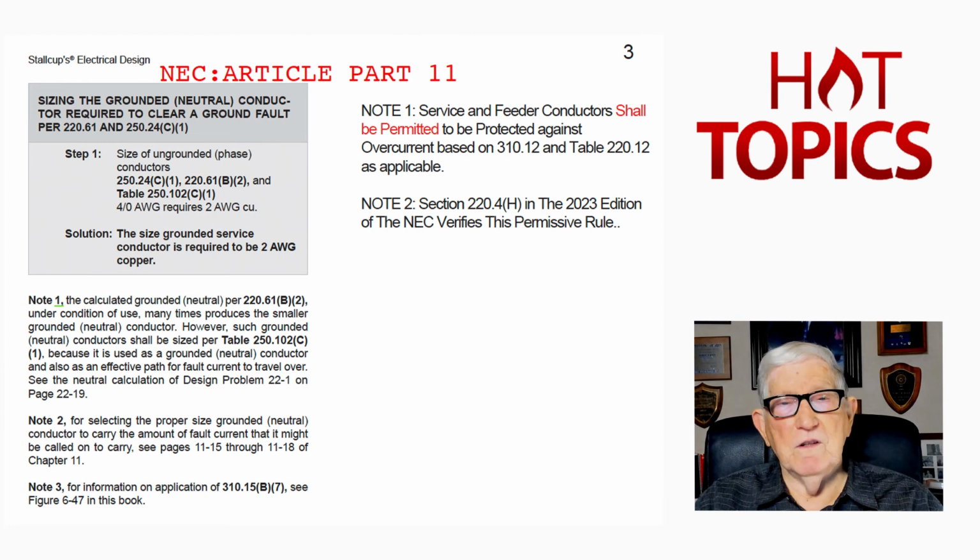Are they going to let you now go ahead and use, instead of a 2 alt, a 1 alt and put it on a 175 amp main, or will they require it to match up to the ampacity of the 1 alt, which would be 150? You get the message? You see how this could create a problem? Now, I'm not saying it will, but it might.